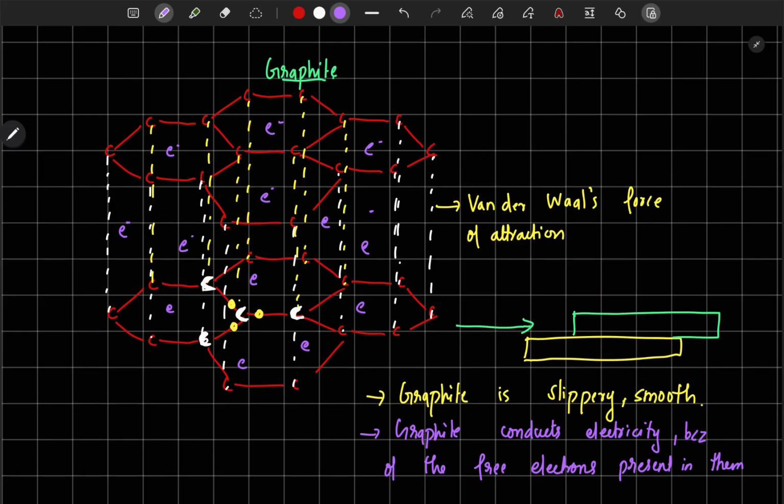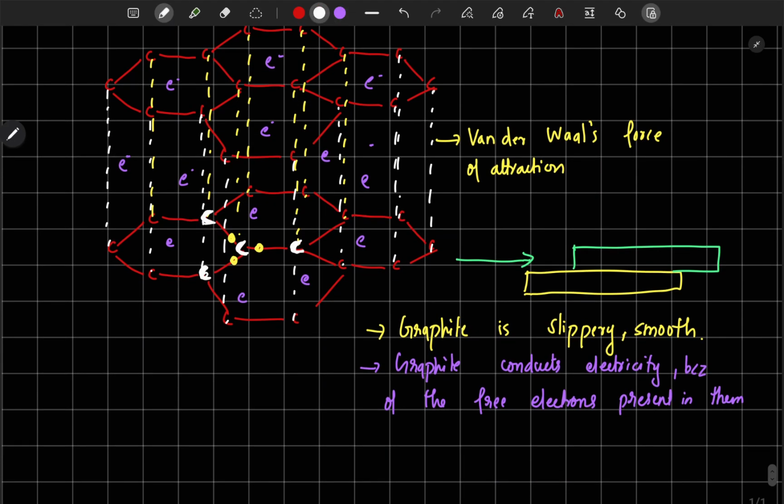Graphite also has a high melting point. It will conduct heat, etc. And the appearance of graphite is dull shiny. It's shiny to an extent, but not shiny like metals. That is also a point we need to keep in mind.